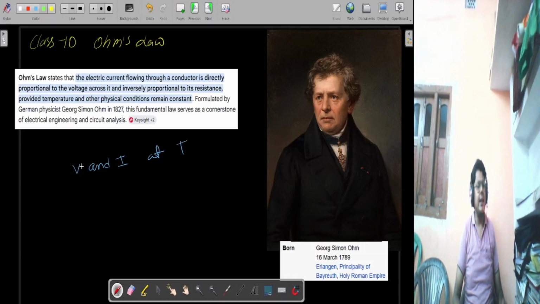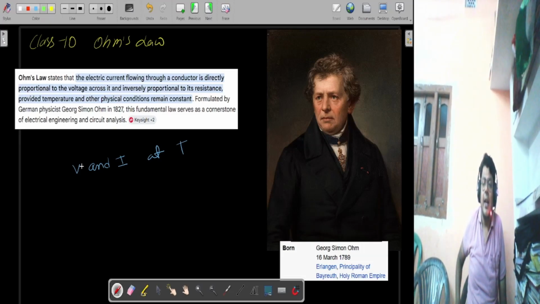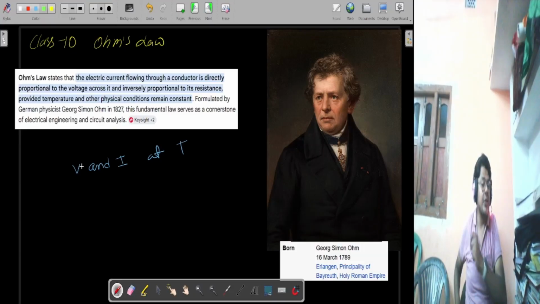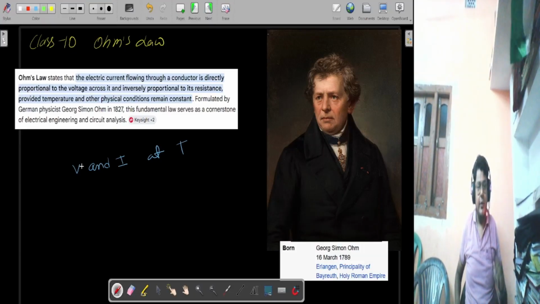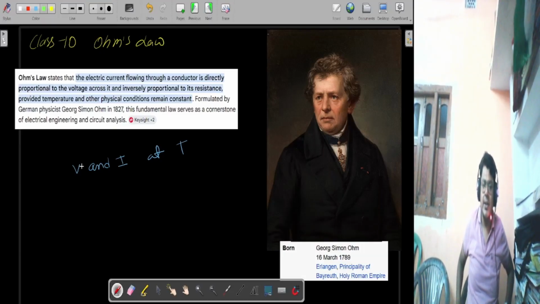So basically, in class 10 we can assume the potential difference or voltage is like an electrical pressure. If there is more electrical pressure, the current will flow more. So it is just electric pressure.